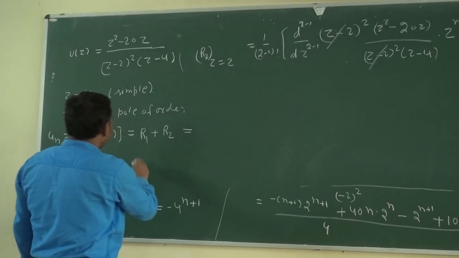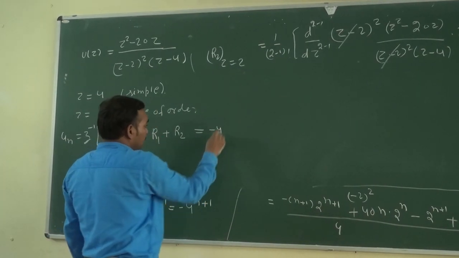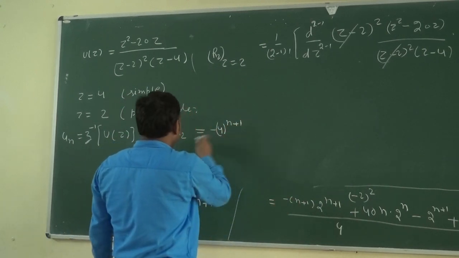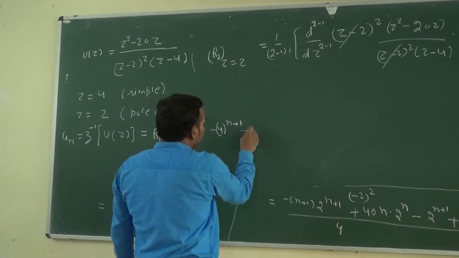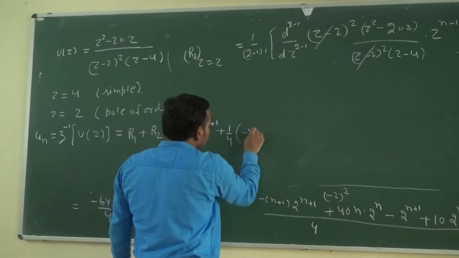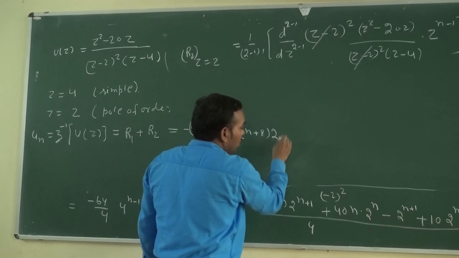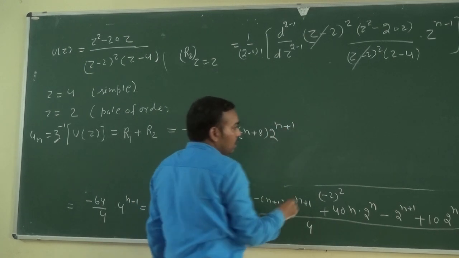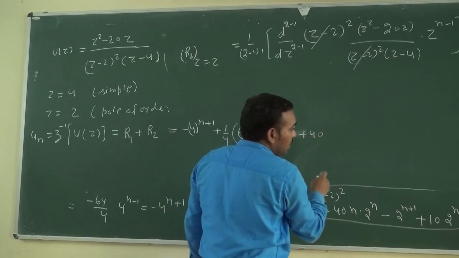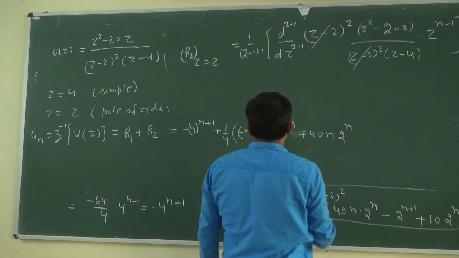We can say here for R1, minus 4 to the power n plus 1, and R2 is plus 1 upon 4 times (minus n plus 8) 2 to the power n plus 1 plus 40 n 2 to the power n.